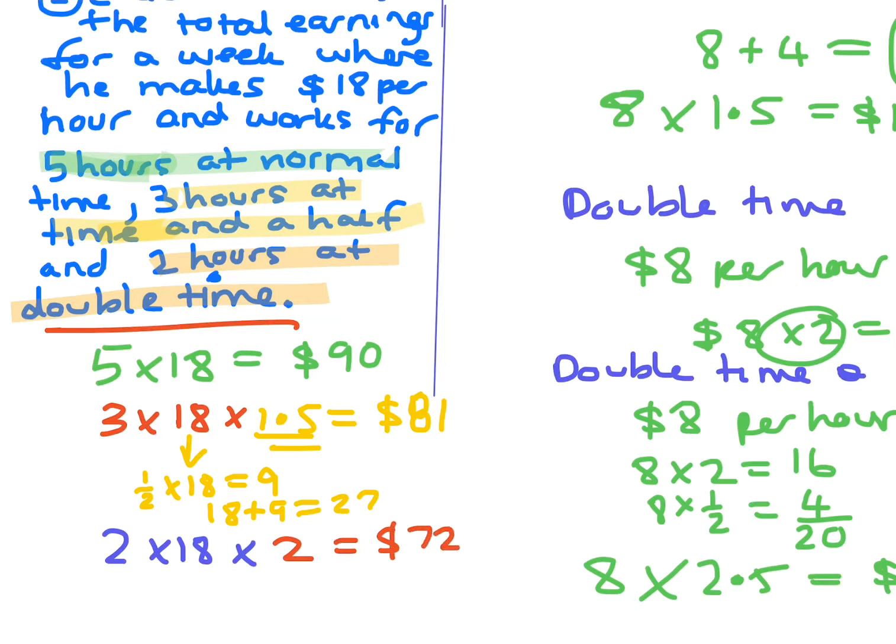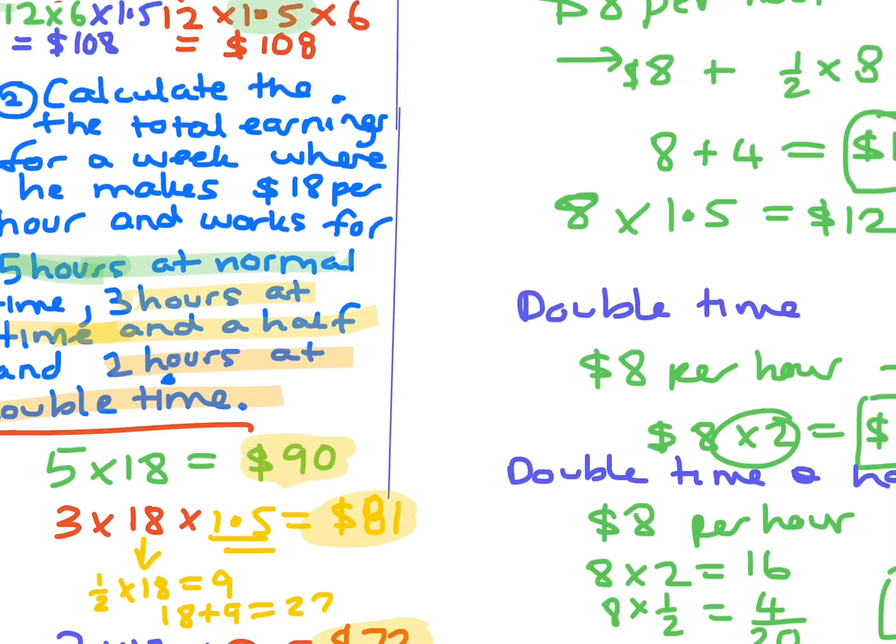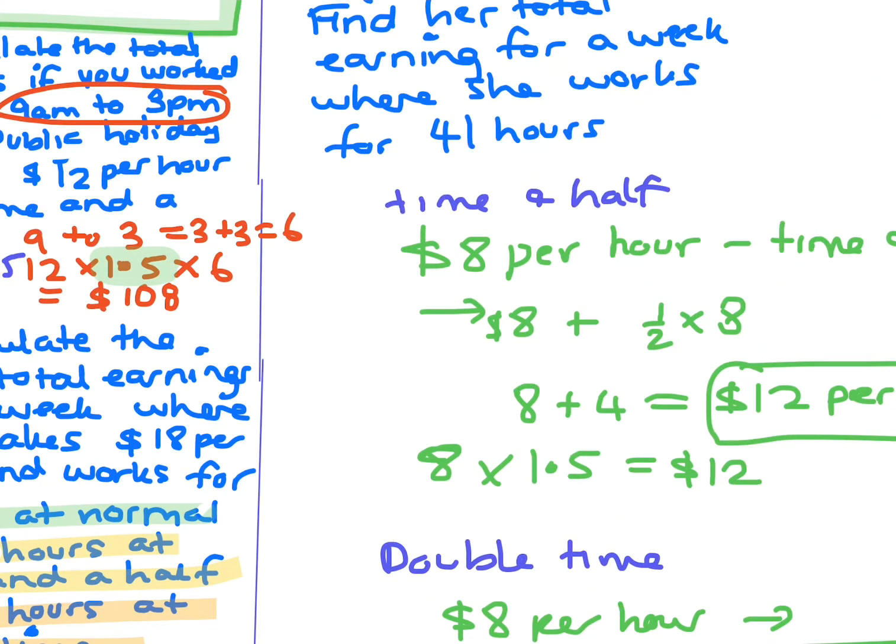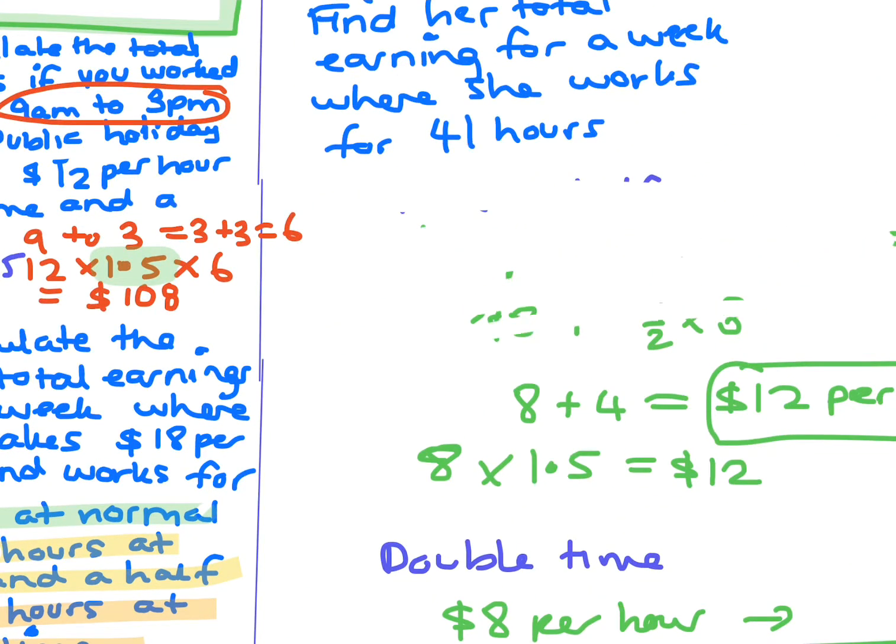That means all together you get 90, 81, and 72. You add that up and it equals $243.